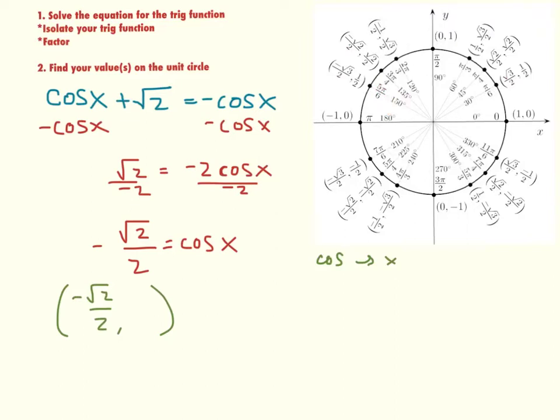But notice that we're not talking in degrees this time because x is not in degrees. So this occurs at 3 pi over 4. And the only other time that negative root 2 over 2 happens in the x is down here at 5 pi over 4. So this happens twice, at 3 pi over 4 and 5 pi over 4.